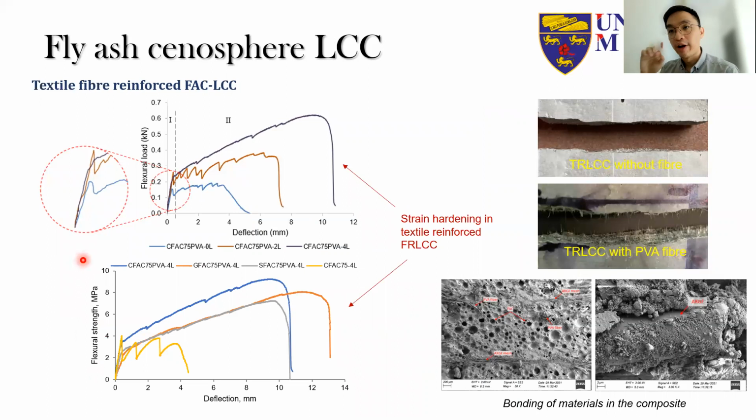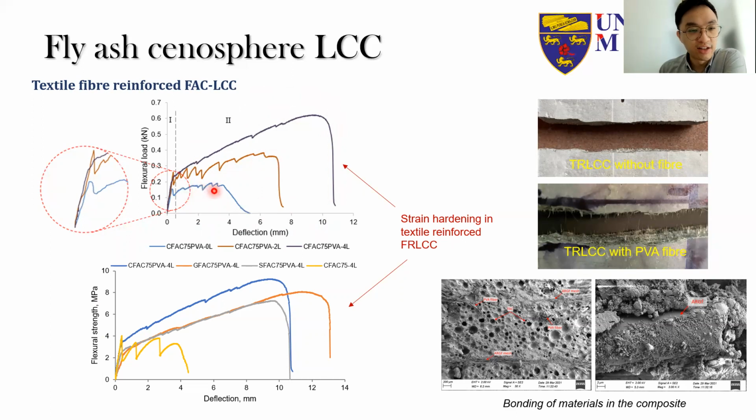These multiple crack lines suggest that there could be strain hardening in this textile reinforced fiber LCC. If we look at the top picture over here, it shows the effect of adding in the glass fiber mesh.